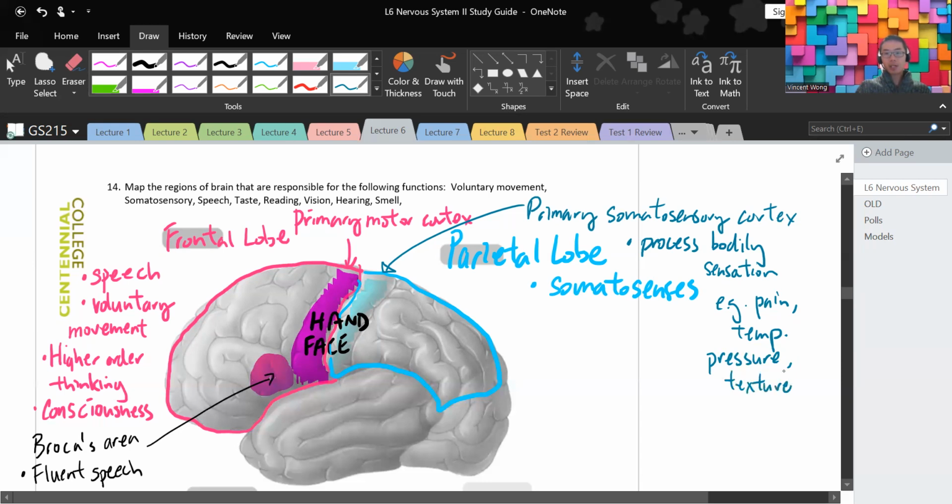Texture, all that stuff would be processed in the primary somatosensory cortex. Whereas the primary motor cortex, right? That's for voluntary movement, right? Right here, voluntary movement.